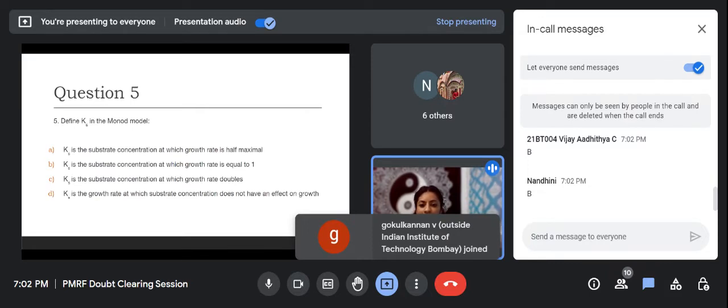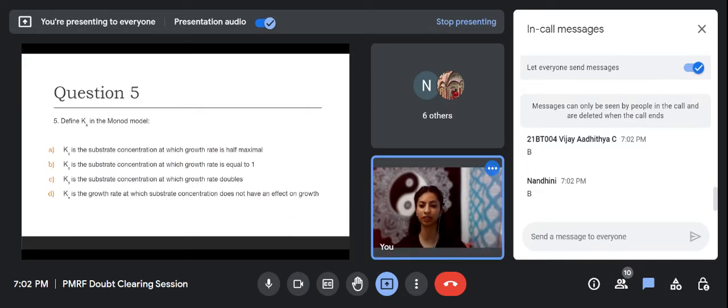So define Ks in the Monod model. What does Ks actually signify? Ks is the substrate concentration at which growth rate is half maximum. Ks is the substrate concentration at which growth rate is equal to 1. Ks is the substrate concentration at which growth rate doubles. And Ks is the growth rate at which substrate concentration does not have any effect on the growth. So what do both of you think is the answer?